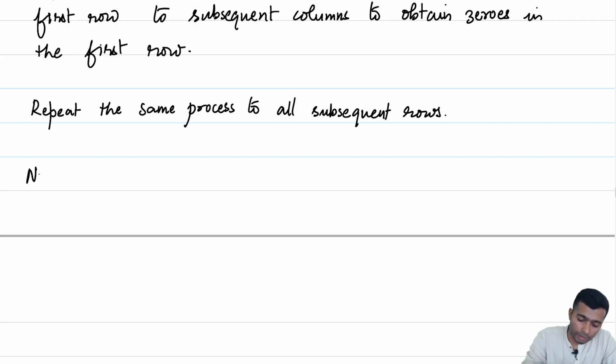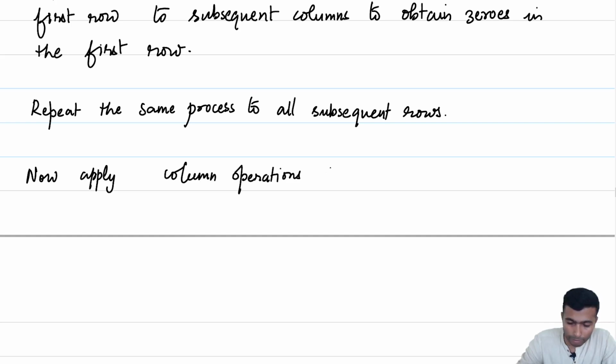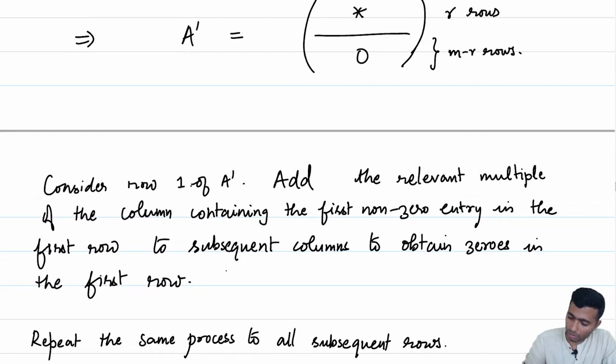Now apply column operations of type 1, where you interchange columns. Many operations might be needed, or none might be needed, depending on the requirement. Remember that the previous ones were all column operations of type 3.